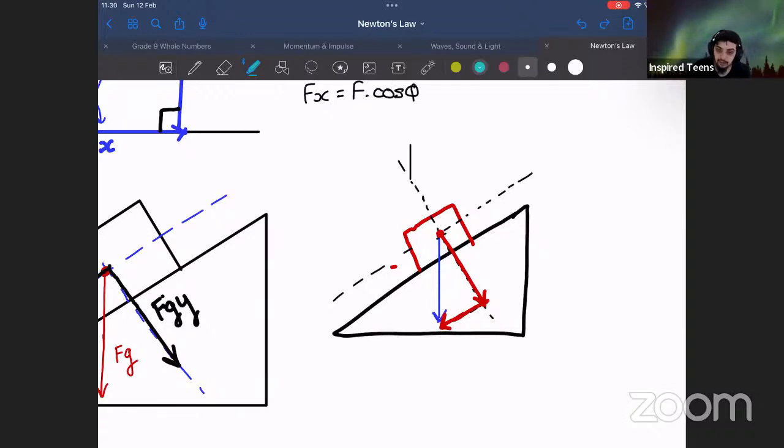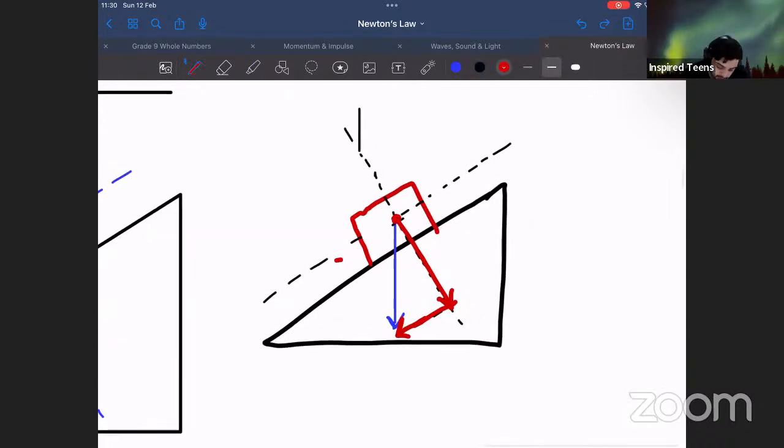Then from the head of the previous to the tail of the next, I create my next vector, and as you can see, the diagonal force in this case, which is Fg, is going to be the resultant. Okay, so now I've separated it into its components and created the triangle.